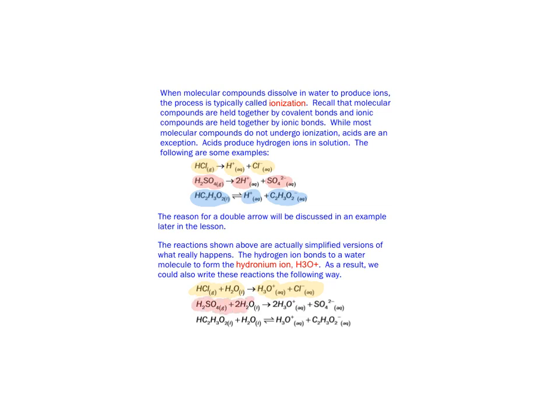Sulfuric acid plus water gives us hydronium ion plus a sulfate ion. Acetic acid plus water gives us a hydronium ion plus the acetate ion. So we can write what we had up here like this, adding water to the acids, and that's what helps dissociate them.